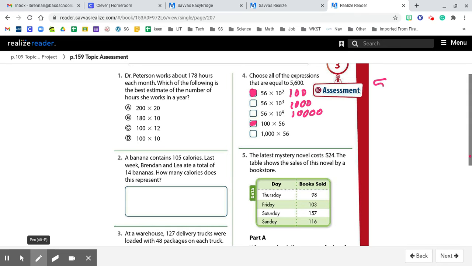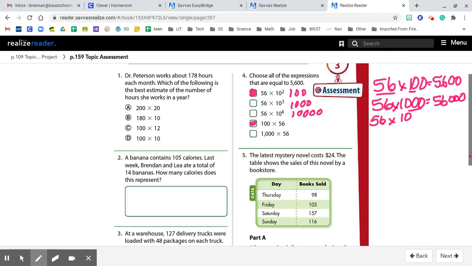And if you had to multiply it out or write it out, 56 times 100, remember, solve a simpler problem, 56, annex the two zeros. 56 times 1,000, 56, and annex the three zeros. 56 times 10,000 is 56, and annex the four zeros. 100 times 56, we already did that one up here.